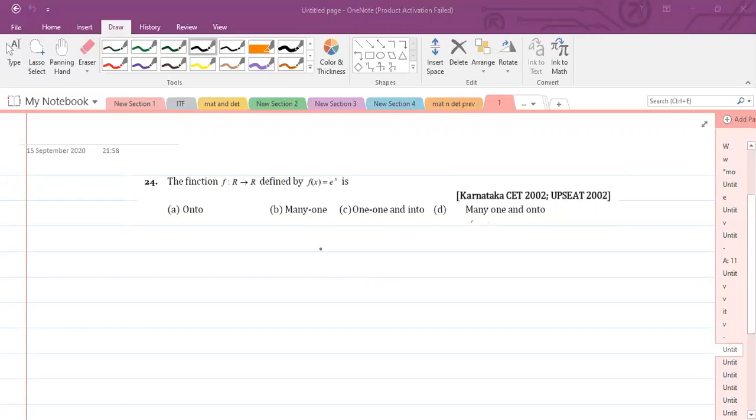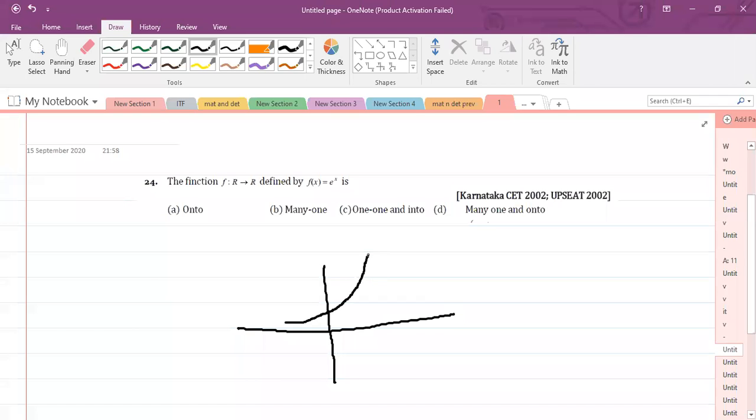If you know the graph of the exponential function y is equal to e raised to x, this problem can be solved in 5 seconds. Okay, so f of x is equal to e raised to x. This is the graph of the function y is equal to e raised to x.